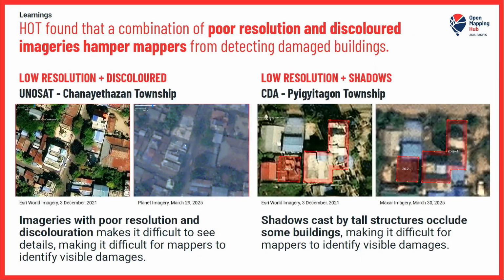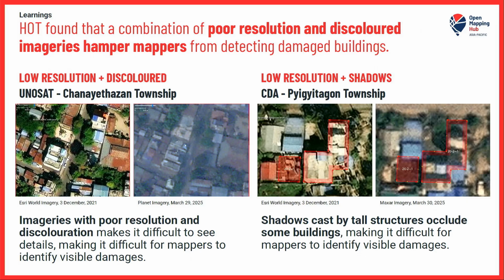To show you the results of our validation and consultation with the community, we can show you how they are detecting damage and what blockers they experience while doing so. Our mappers have seen that poor resolution and discolored imageries, especially the post-earthquake imagery, block them from detecting damaged buildings.